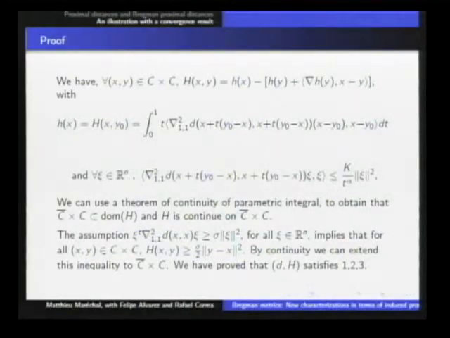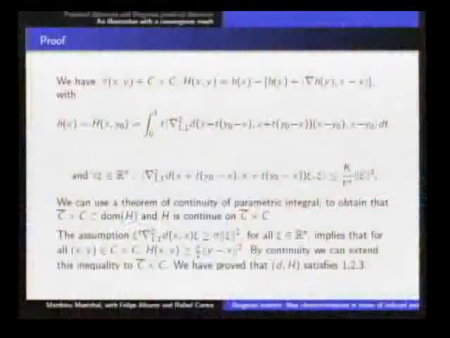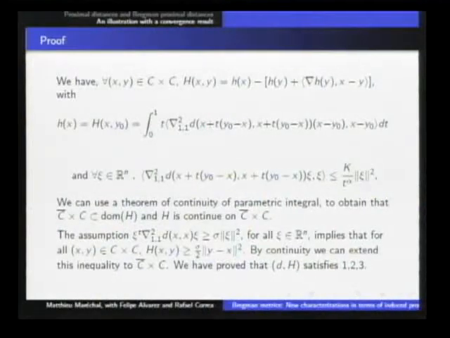Moreover, here we have this estimation by assumption. Thanks to this estimation, it is possible to have a domination of this quantity and to apply a theorem of continuity of parametric integral. We obtain finally that capital H has a domain which contains C bar times C, and moreover capital H is continuous on C bar times C.